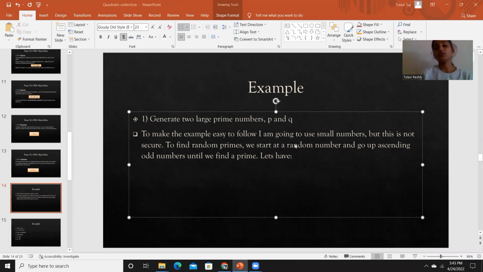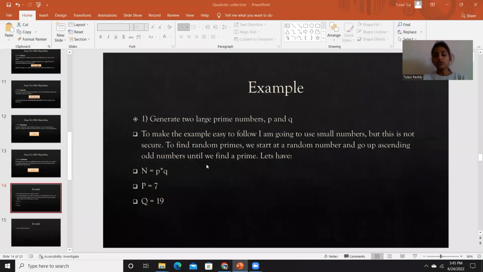In key generation, we take two large prime numbers, P and Q, and the formula of the first step is capital N equal to P into Q. Let us take P equal to 7 and Q equal to 19.